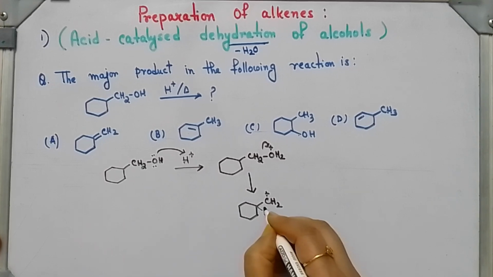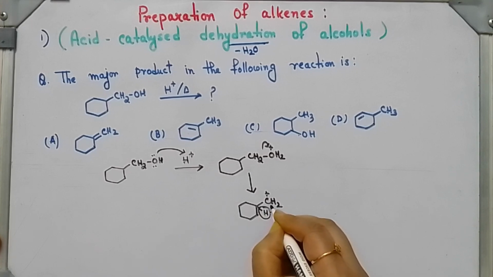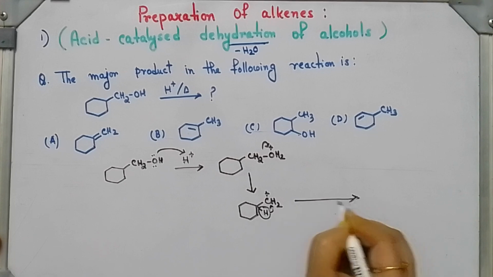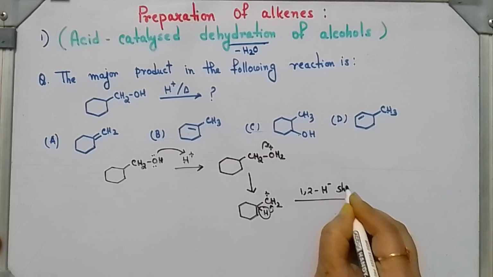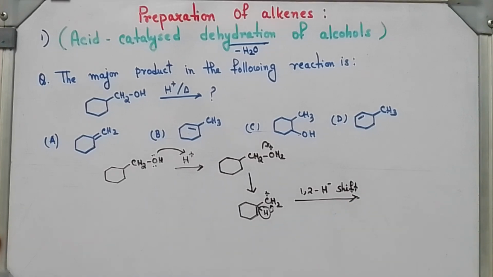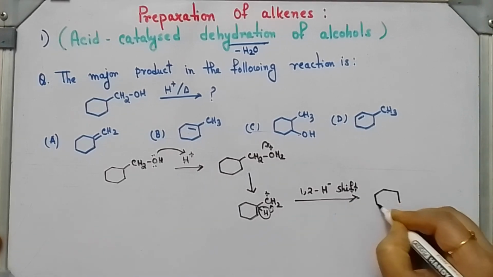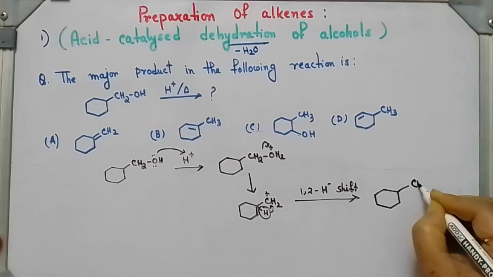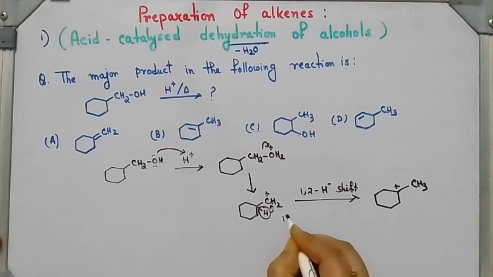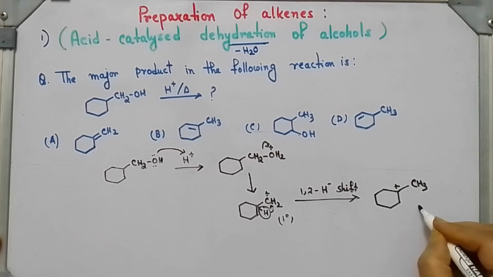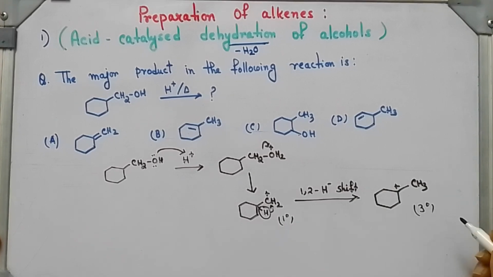So what will happen? Migration of this hydrogen with its bonding electron takes place from here to here. That means here what is happening? A 1,2 hydride shift. If a 1,2 hydride shift is taking place, we will get this carbocation. Now see, this is a 1 degree carbocation and here we are getting a more stable tertiary carbocation.